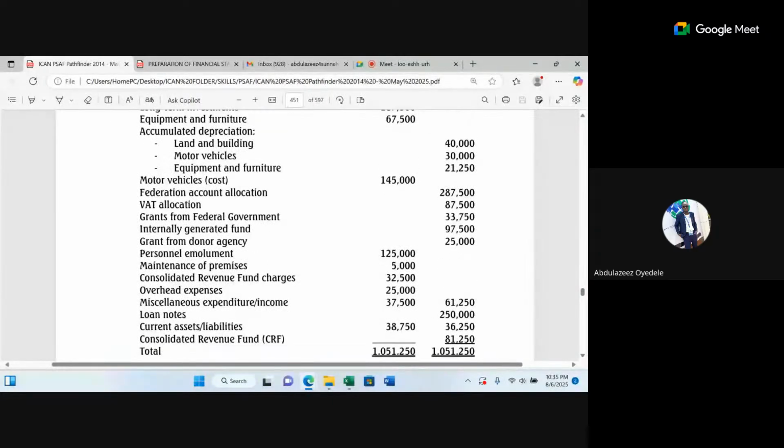And then here, we have personnel emoluments. So we have maintenance expenses. We have CRF charges. We also have overhead expenses and then miscellaneous expenditures as well.